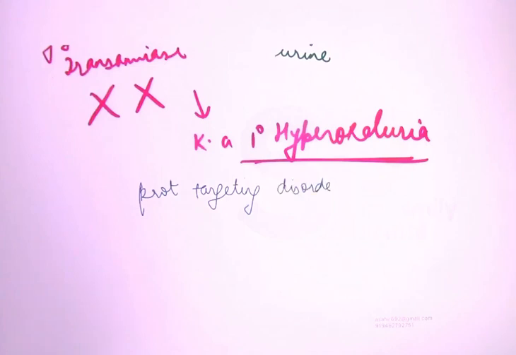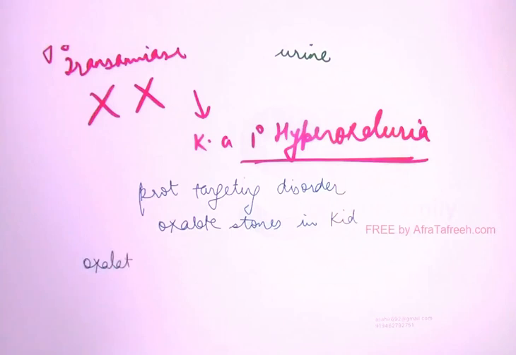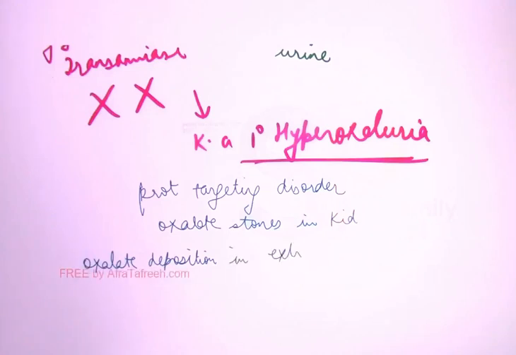These patients have oxalate stones in kidneys. There is also oxalate deposition in extrarenal tissues, also in kidneys, also in extrarenal tissues.